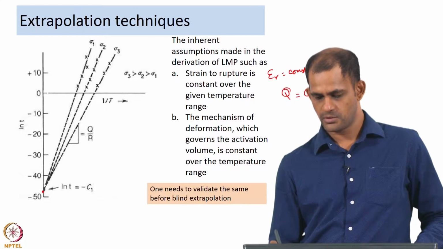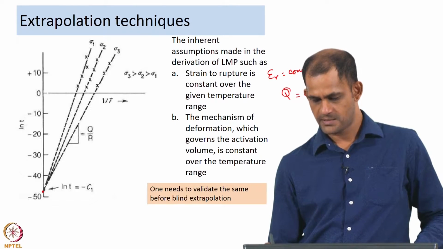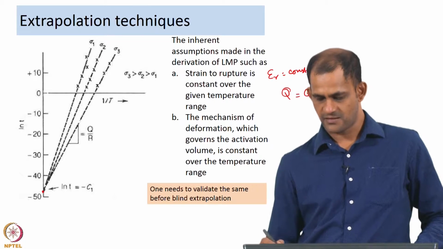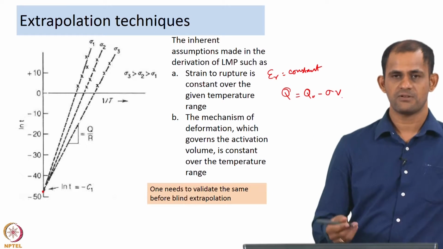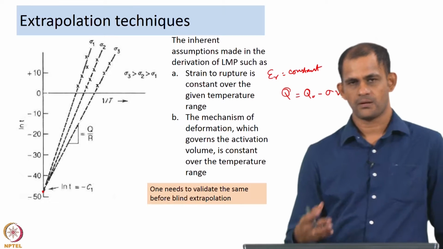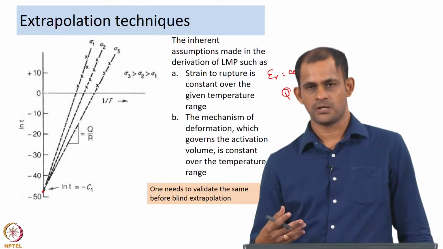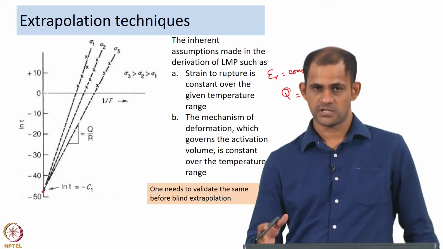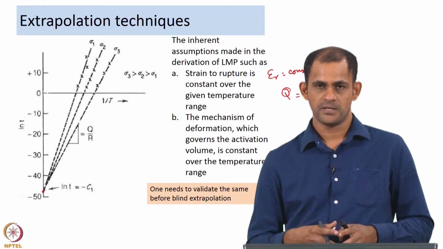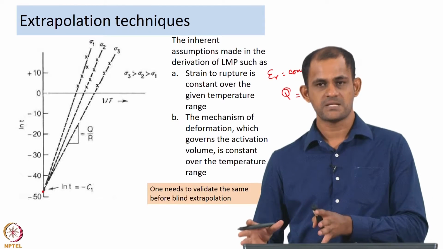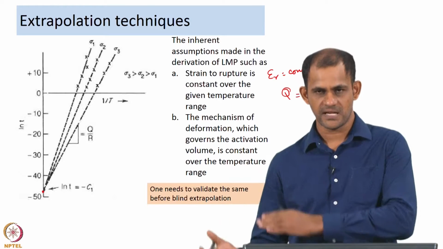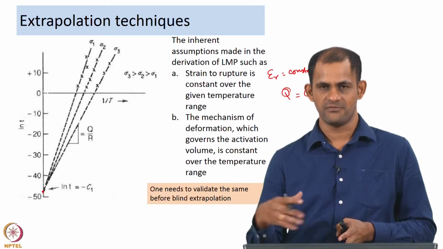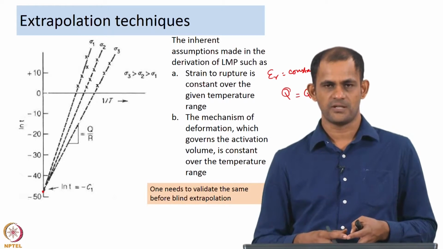We have Q equal to Q naught minus sigma V, where V is the activation volume. When you are doing the extrapolation, you have to be sure that the mechanism of deformation has not changed, because if it changes, then you will also have a change in the activation volume value.